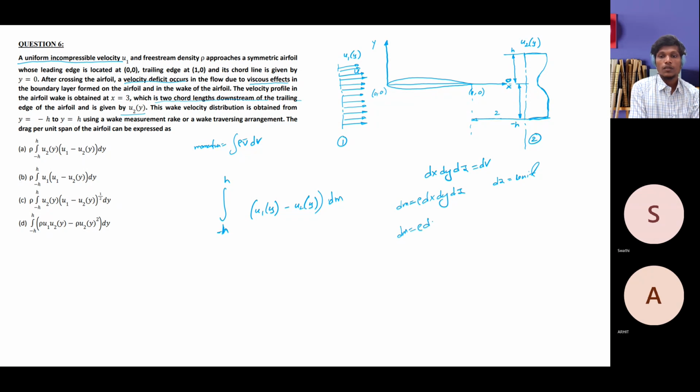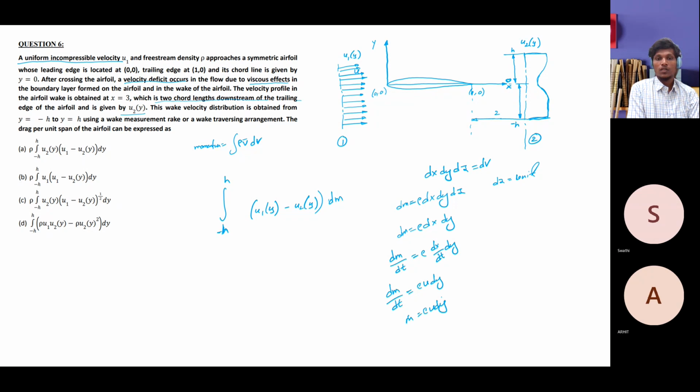Consider there is no velocity in the y direction, so my dm by dt will be rho dx by dt times dy. Only the u velocity is at play, so dm by dt equals rho u dy, or m dot equals rho u dy.